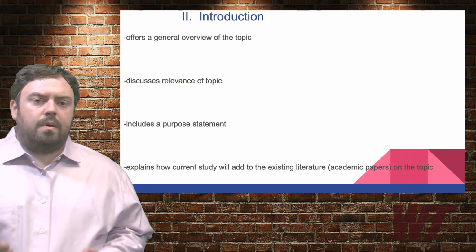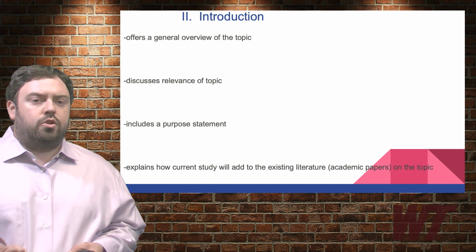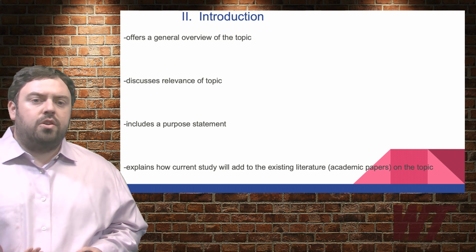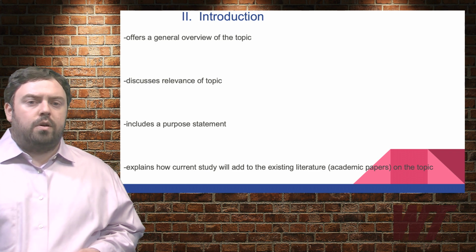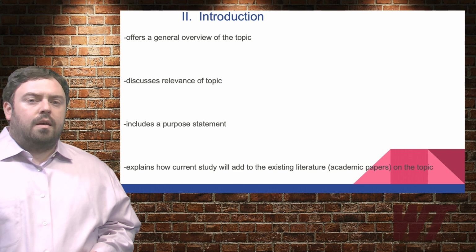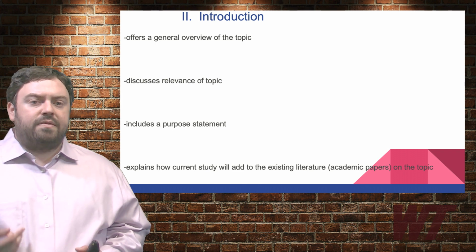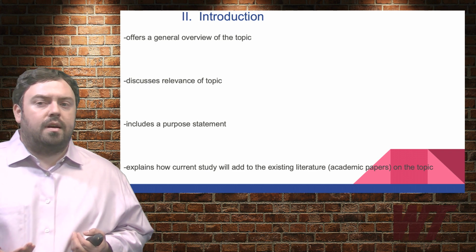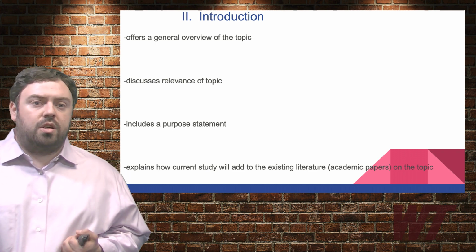So next, a good academic research paper will have a strong introduction. An introduction will provide a general overview of the topic. It might have some similar elements to your abstract, but it's going to be much more expansive in its discussion.